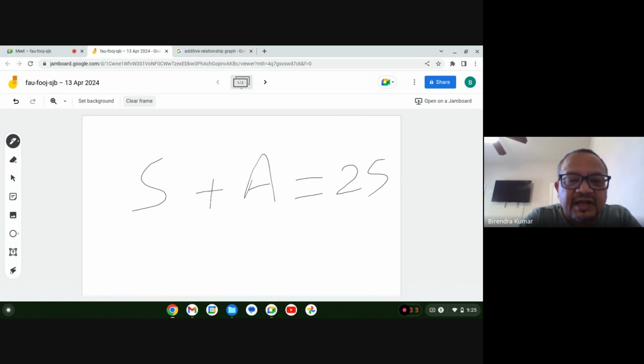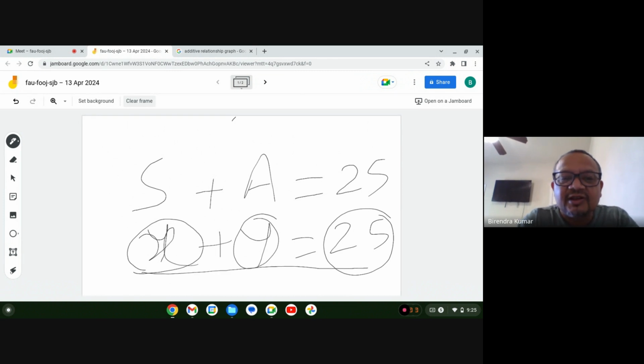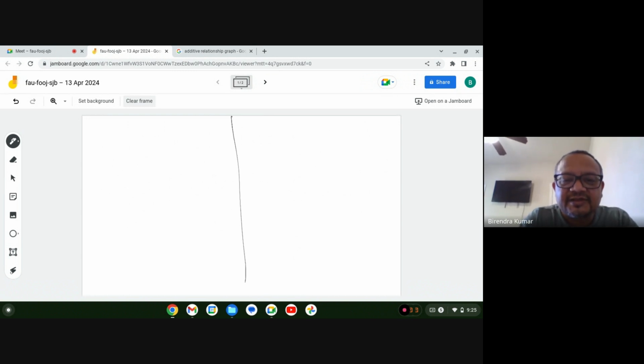If I replace Salini with X and Abhik with Y, I can still tell the same story, saying the sum of the money that Salini and Abhik have in their piggy bank is $25. See, this became an equation. Now I can plot this equation on the graph. I will mark 5, 10, 15, 20, and negative 5, negative 10, negative 15, negative 20.